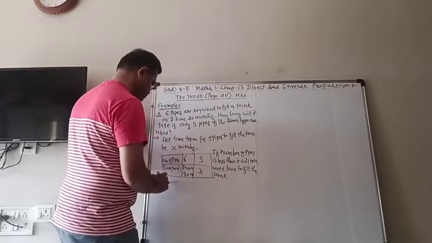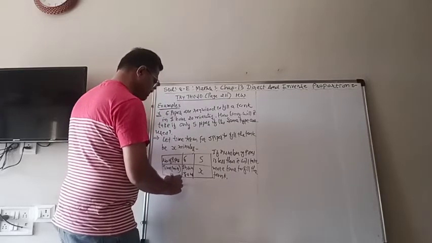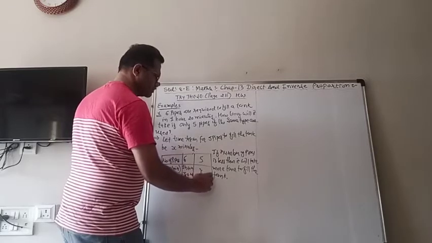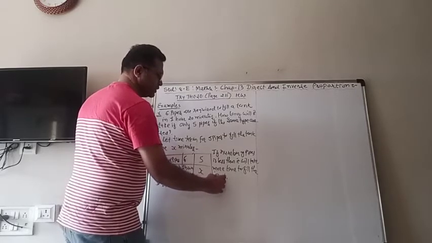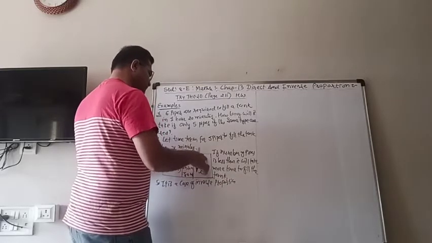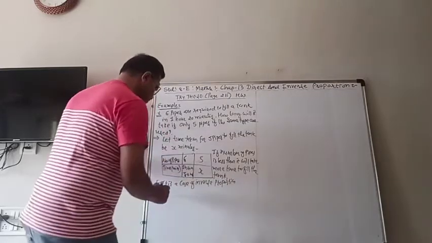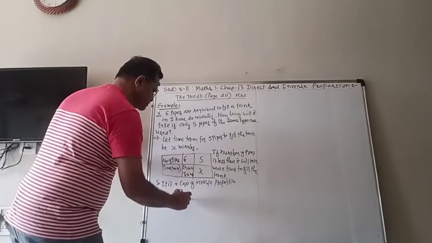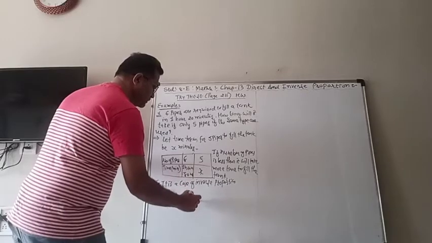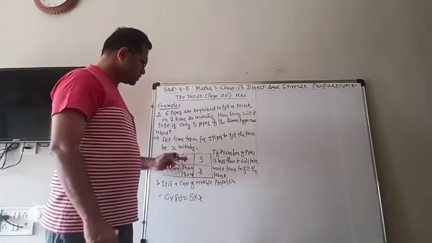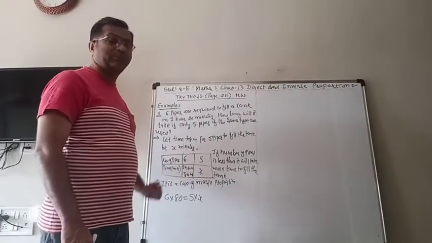So, it is a case of inverse proportion. We know that in inverse proportion, the multiplications are the same. So, therefore, 6 multiplied by 80 is equal to 5 multiplied by x. In direct proportion, we were taking the ratio, 6 upon 80 is equal to 5 upon x.